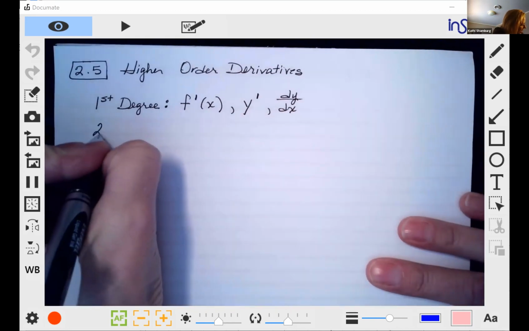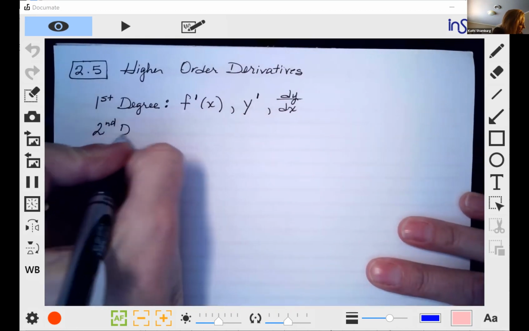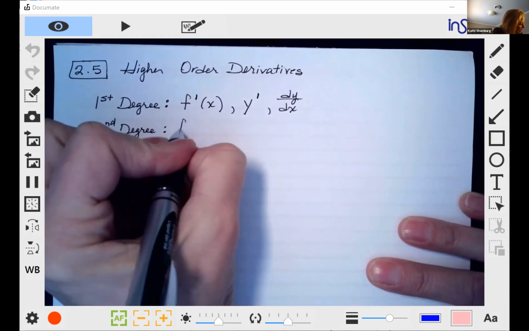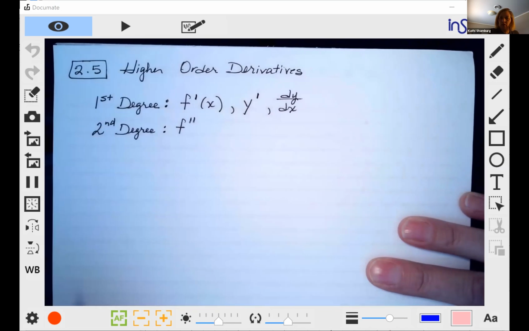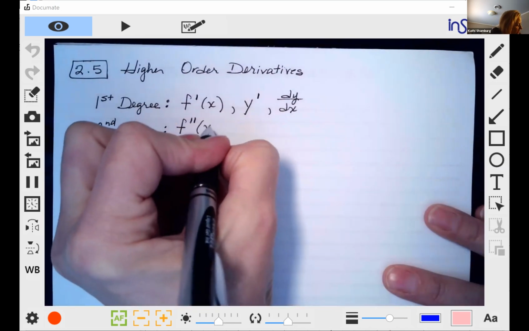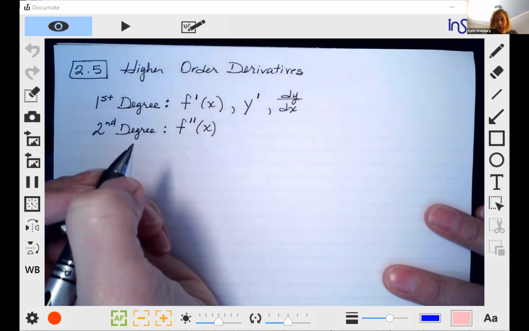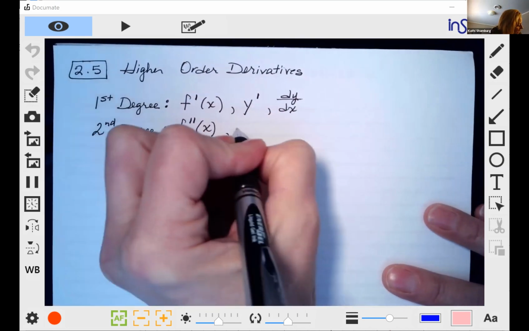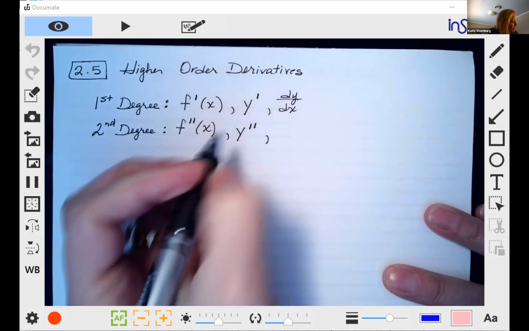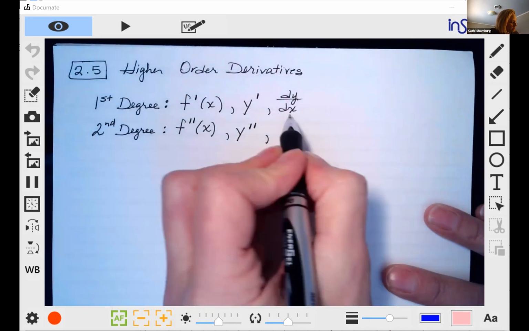So then we would have the second degree. And basically what that means is the second degree, so there's two primes. And in essence, you're taking the derivative of the first derivative. And knowing it's second degree is because there's two prime symbols.